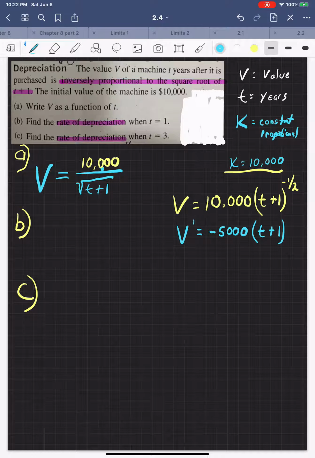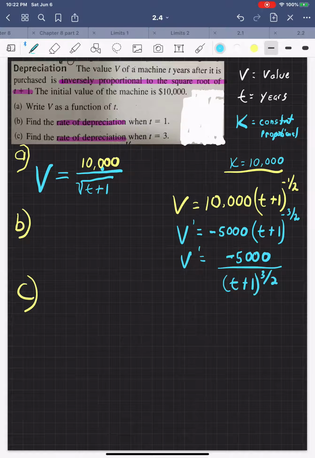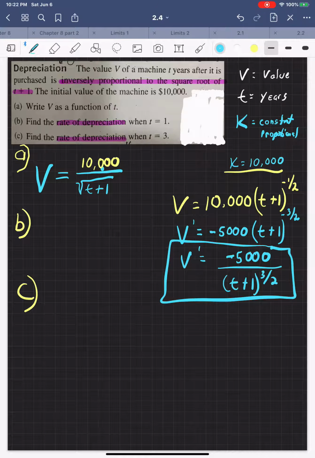And if I have negative 1/2 and take away, if I owe you 50 cents and then borrow another $1, I now owe you $1.50, or 3/2. Okay, let's just clean that up. That's going to be negative 5,000, and get rid of the negative exponent. So that will be t over t plus 1 to the power of positive 3/2. Okay, all the heavy lifting is done. There's your rate of change.